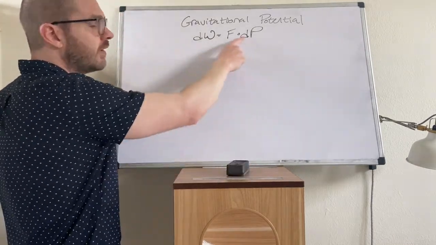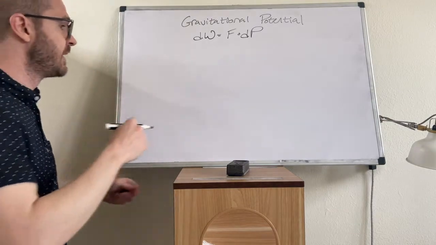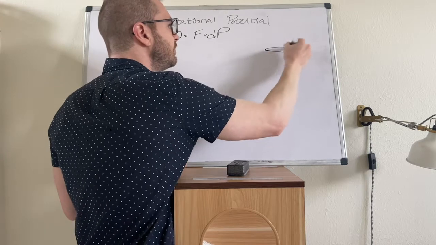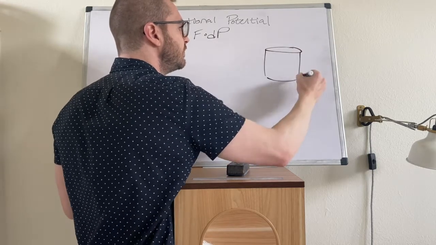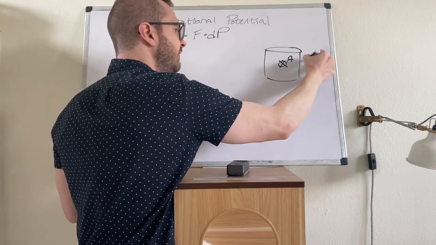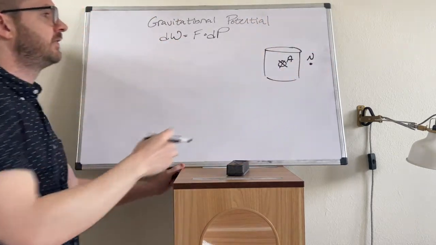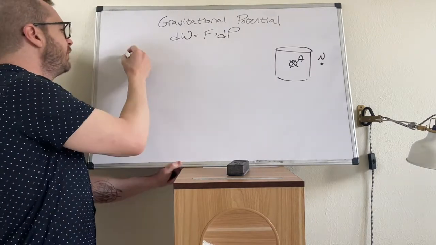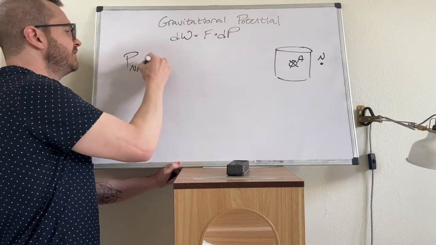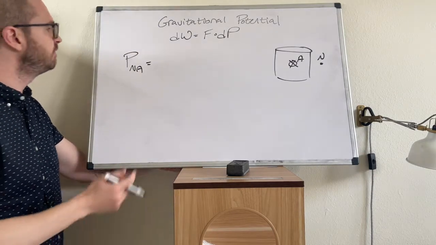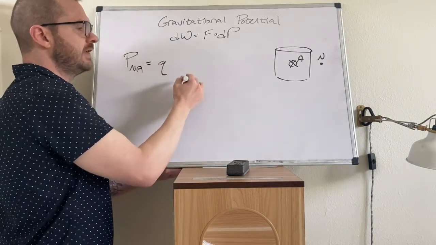Now, when we do that, we also need to talk about dP. So let's say that we have some object and the center of mass of this object is point A. We know that it exists in some space with an inertial reference point, an inertial frame, etc. If we keep track of the position of this object, let's give it 3 degrees of freedom, and let's track it in the inertial frame.